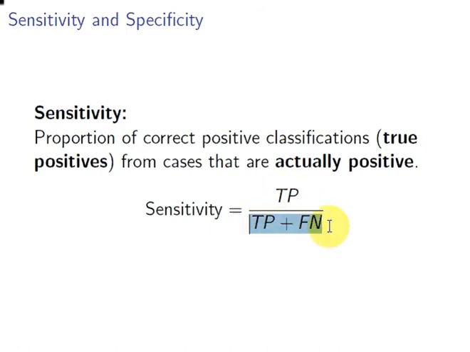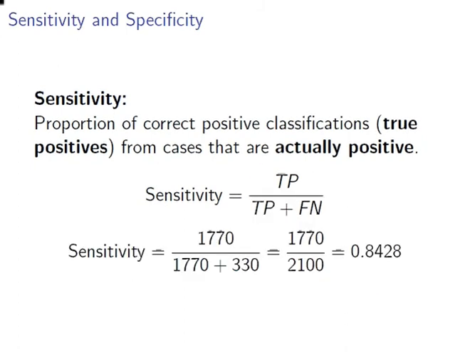That's the total number of people who are actually ill. Based on that last example, 1,770 people were correctly diagnosed as ill, but we missed 330. There were 330 people who were sick but not diagnosed as sick. Altogether, the total number of people who are actually sick is 2,100.